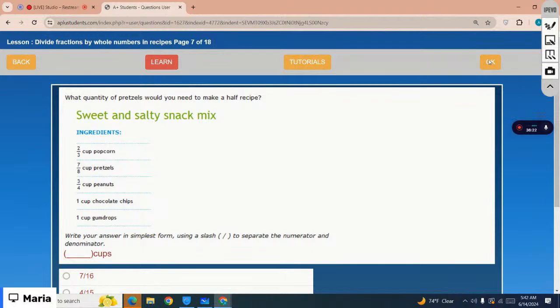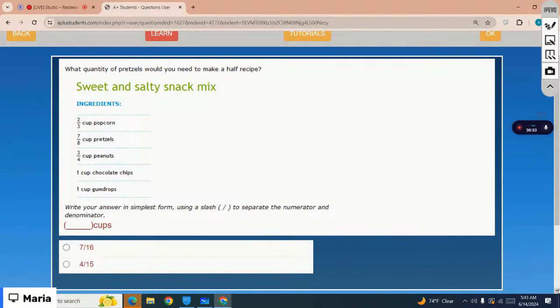You need 7 by 8 cup in the original recipe, right? And for the half, yes, 7 over 16 is the correct option. Option number 1 is the correct option.